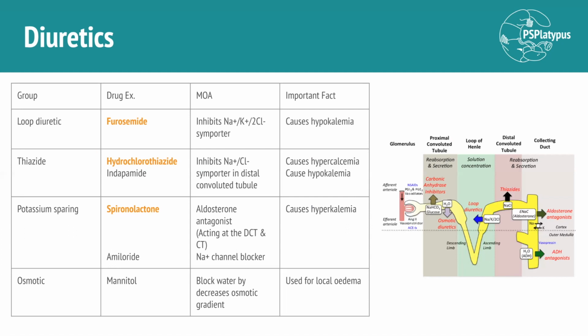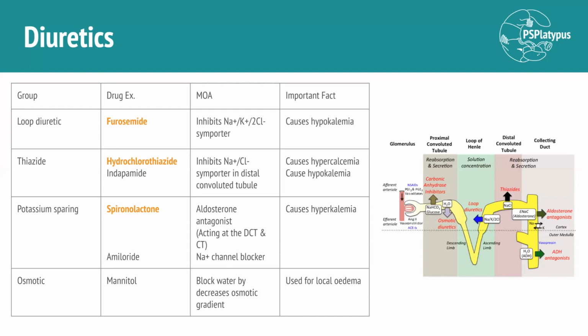The difference between the lumen and the interstitium is decreased as there are more solutes in the luminal fluid. Therefore, water does not passively diffuse across the membrane and back into the interstitium. However, as we are blocking our potassium reuptake, this causes hypokalemia and can lead to life-threatening arrhythmias.